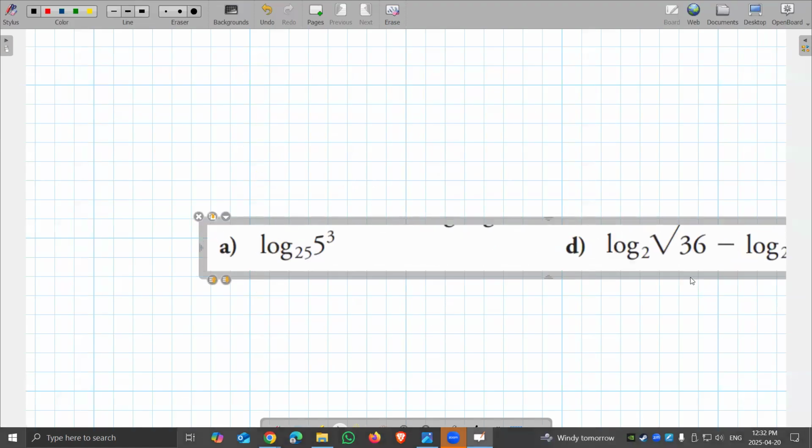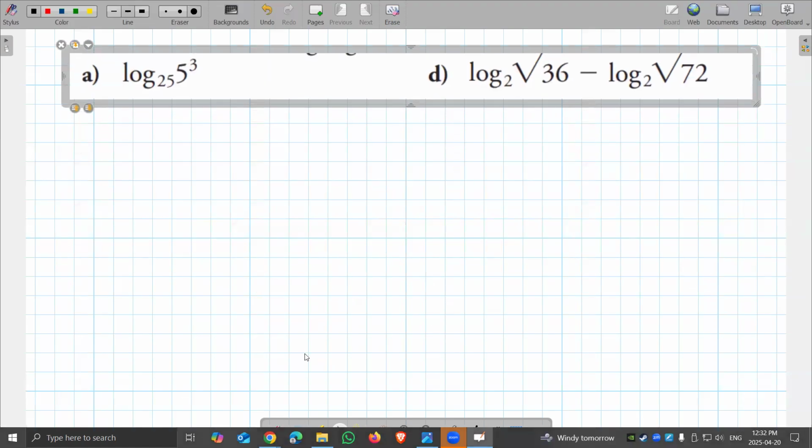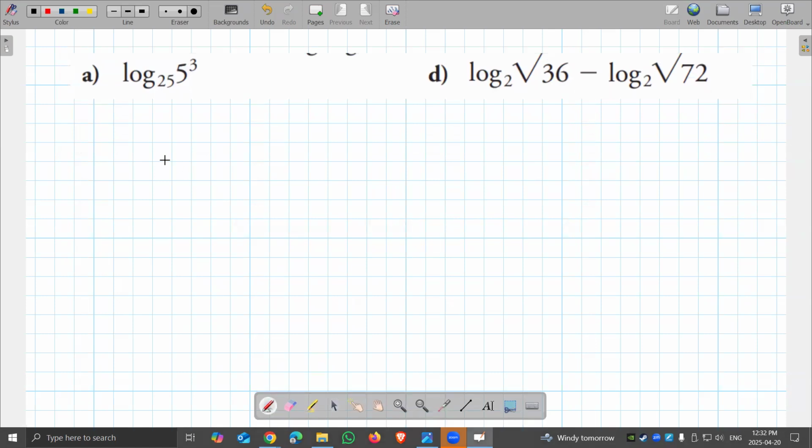Okay, here it says simplify, clean it up. Okay, let's look at A. How do we clean this up? I'm going to use the power rule first, like that.